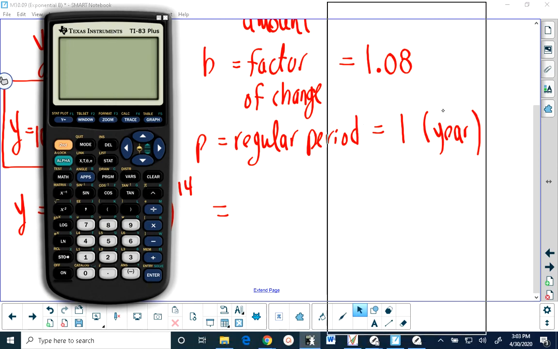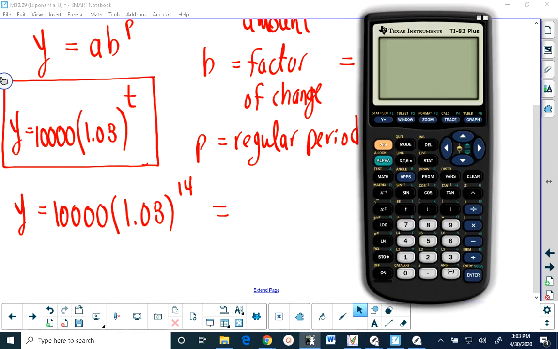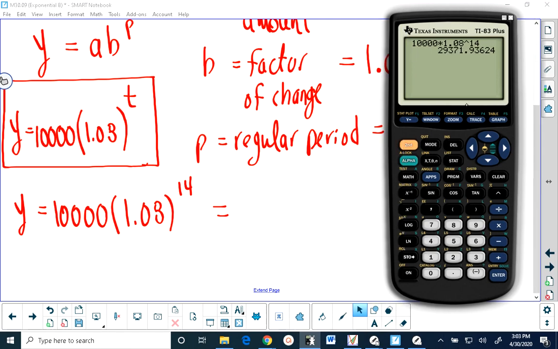That's a pretty basic calculation to throw into the calculator. $10,000 multiplied by 1.08 raised to the 14 gives me $29,371.